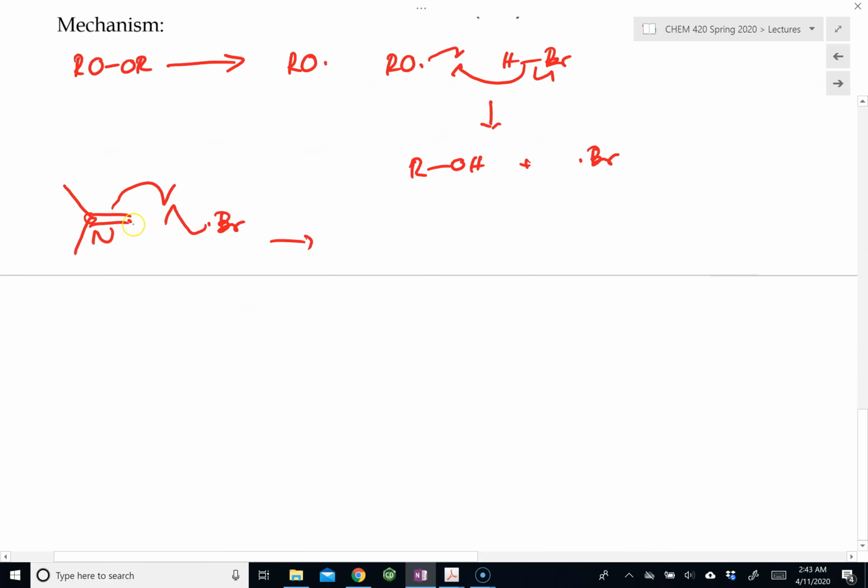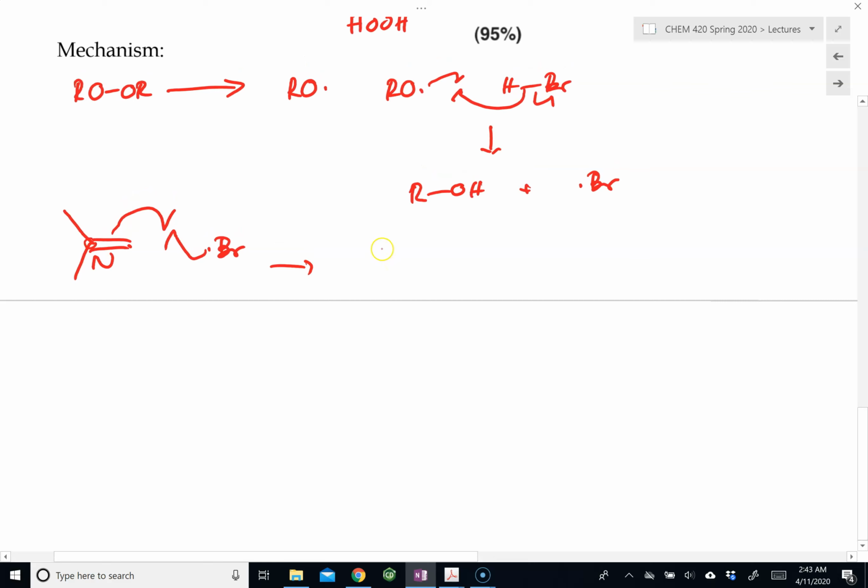But between these two, one of these carbons would now become a radical. And as we have seen already, the more substituted radical is more stable. So the major product would be as follows, where the radical is located on the more substituted carbon.